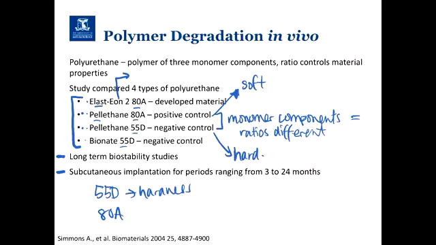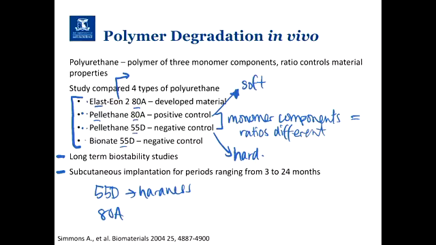With these ones, you can stretch them to 150% elongation, and it's kind of speeding up. So this is one example of doing something to the material to help, because you're doing a study between 3 and 24 months. You're doing something that can also speed up how the body might affect its interaction.